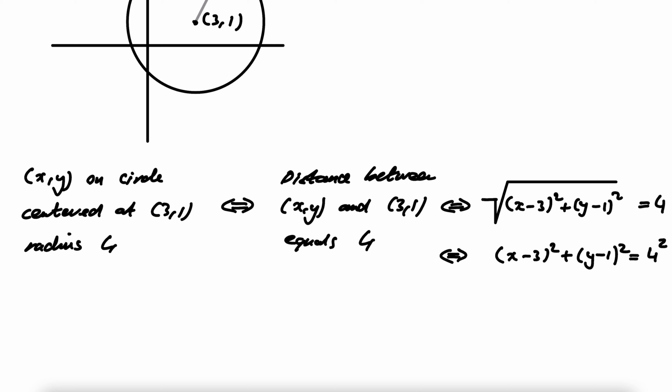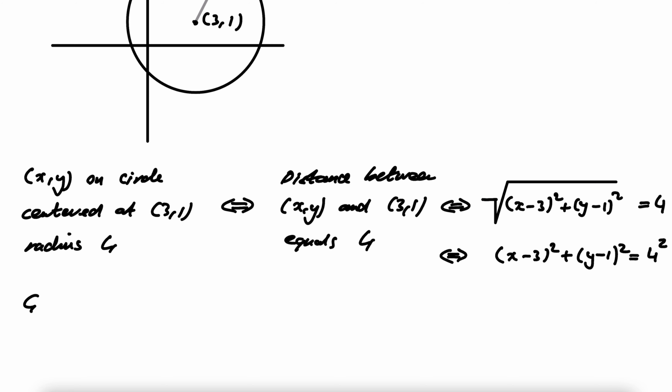Now, notice the following in this formula. This formula has the information of the center in it, first of all. The center I can see, it's the 3 and the 1 there. That's telling me the center. And the radius, I'm seeing it in the square on this side. So it's not a huge leap to guess what the general story is here.